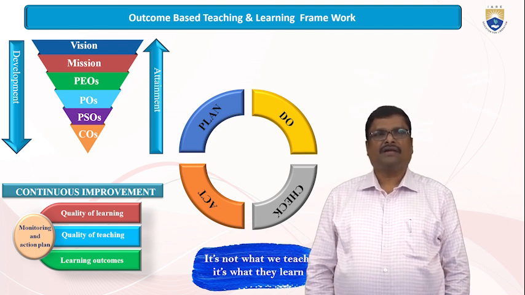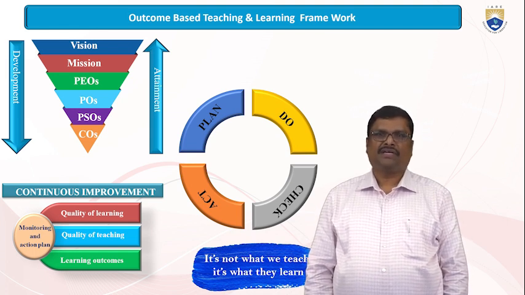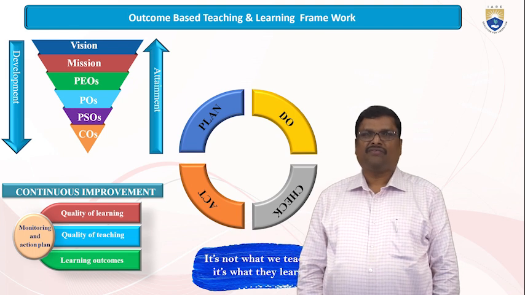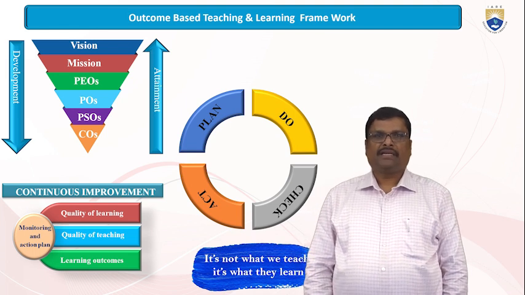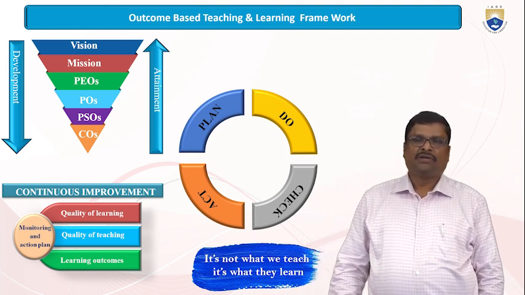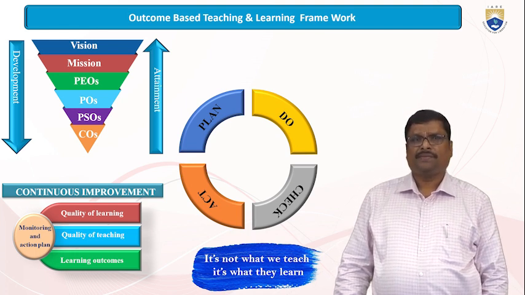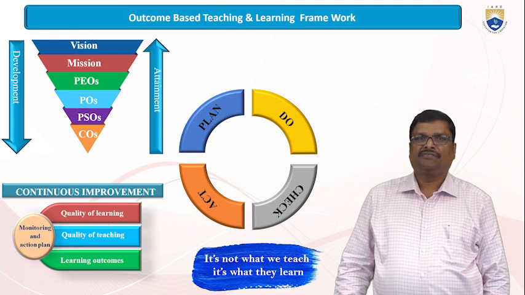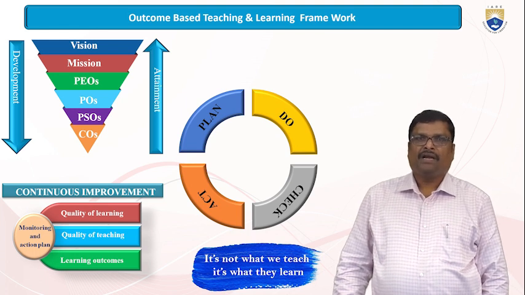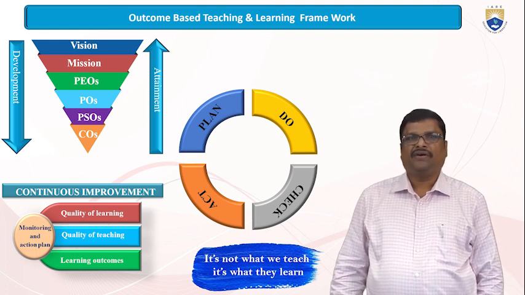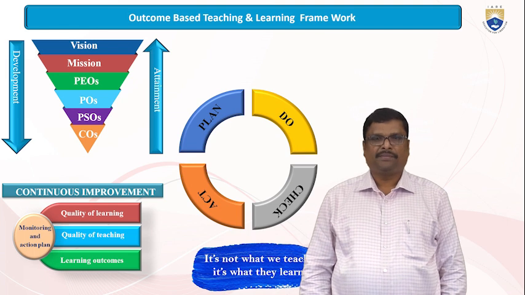Program outcomes are defined by the National Board of Accreditation, in line with the Washington Accord. Then the program heads have to define the program specific outcomes in line with their competency. And for each course, we need to define the course outcomes as per the NBA framework.